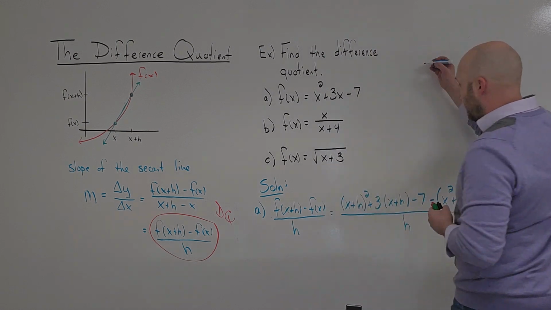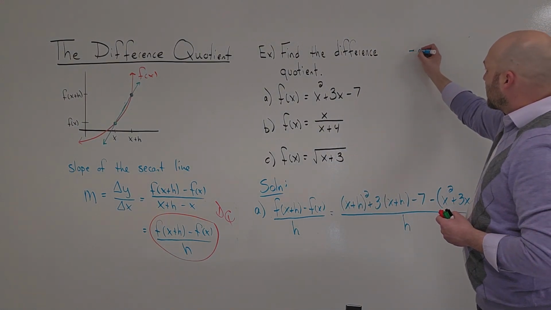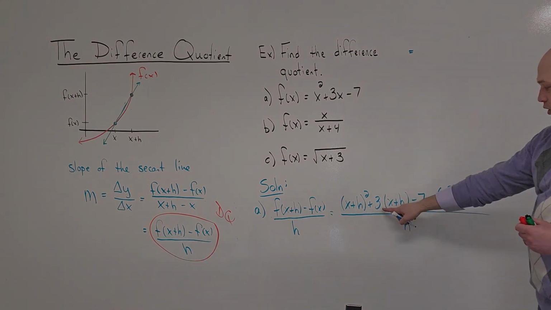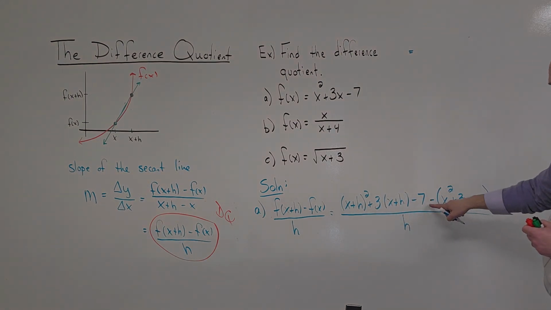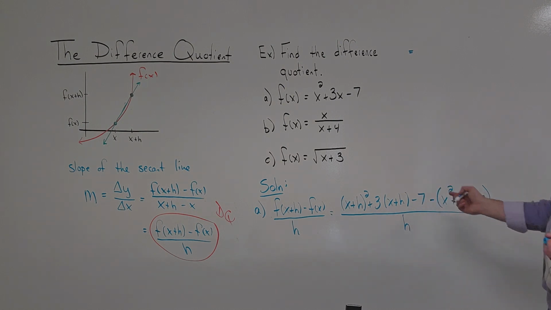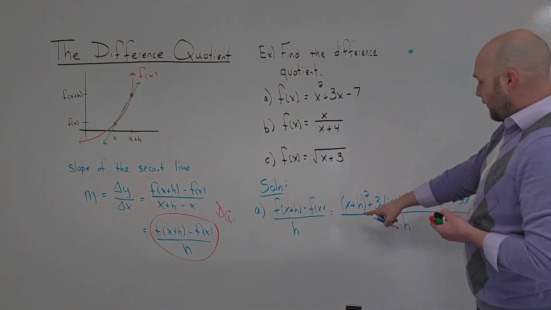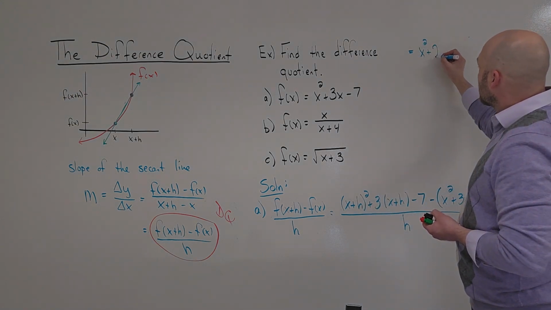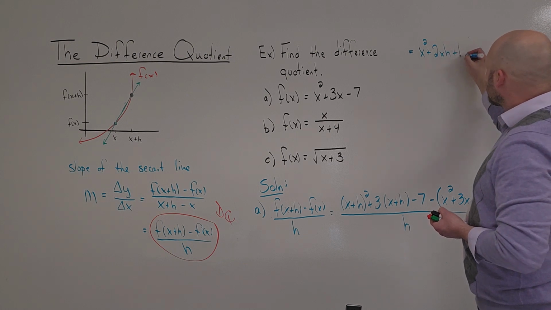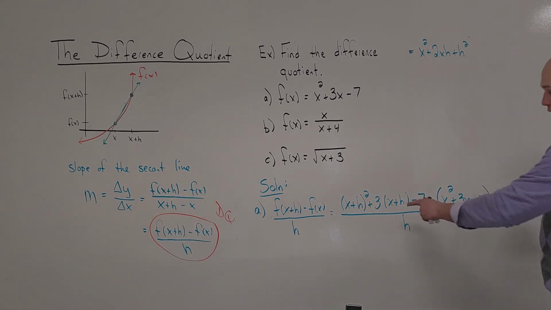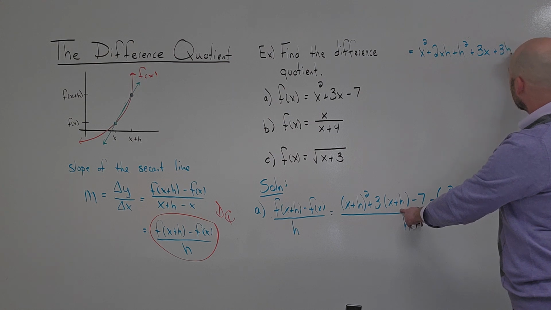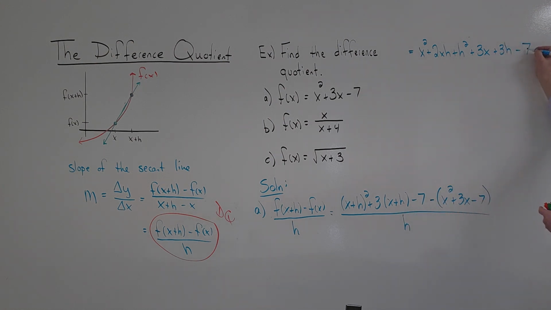In order to simplify that, I'll expand this term, so I'll FOIL that, distribute 3 through this grouping symbol, and then I'll distribute a negative through that. So it'll give me a bunch of terms. If I FOIL x plus h squared, I'm going to get x squared plus 2xh plus h squared. Distribute 3 through this grouping symbol here, I get plus 3x plus 3h minus 7.